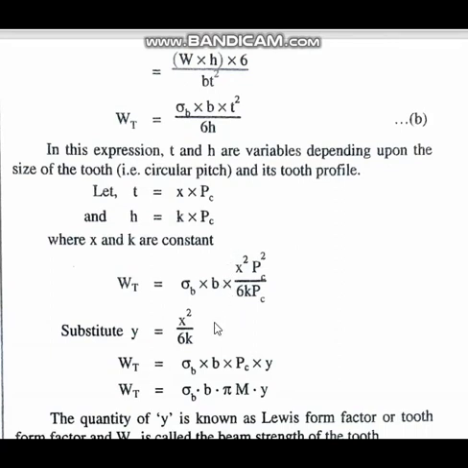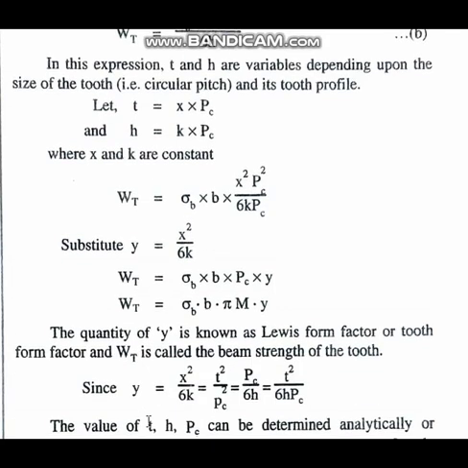This x square upon 6k, you term it as Y, and this is known as the Lewis load form factor or tooth form factor. Okay, so Wt will become sigma b into b into pc into Y. And this is the Lewis equation.